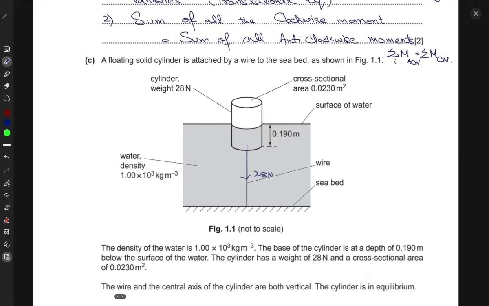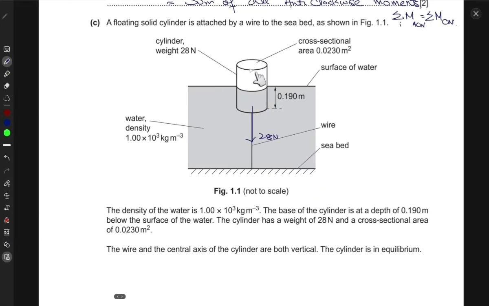So if you come back to the figure, you see that if the cylinder is dipped in this water, then there is an opposite force acting on this cylinder as well from the water, and that force is basically what they're calling the upthrust from the water, right? Now, why is this upthrust caused?